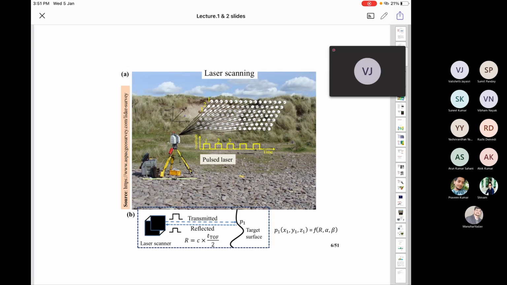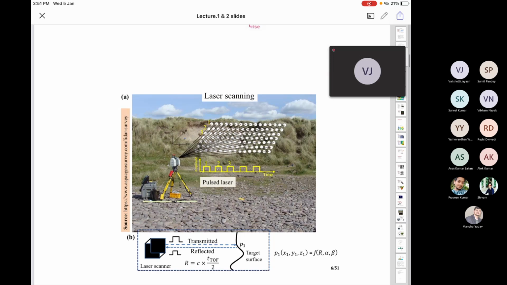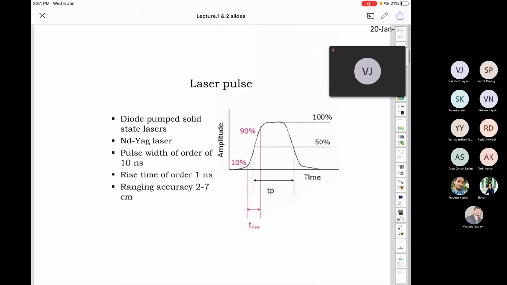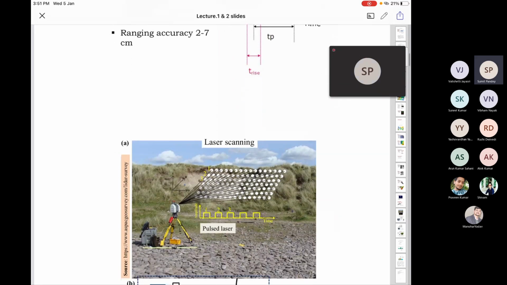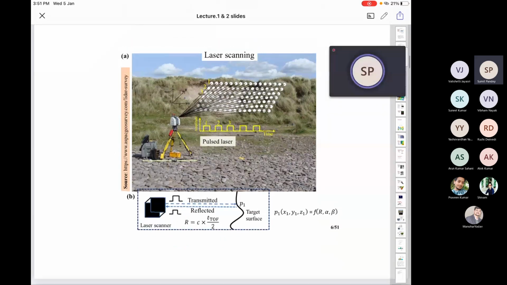Fine. So there was a query from one of you. What was that? Sir, I was asking, when a laser beam is fired from the transmitter, how will it be reflected back when it strikes something, and how does it get to exactly the receiver point?